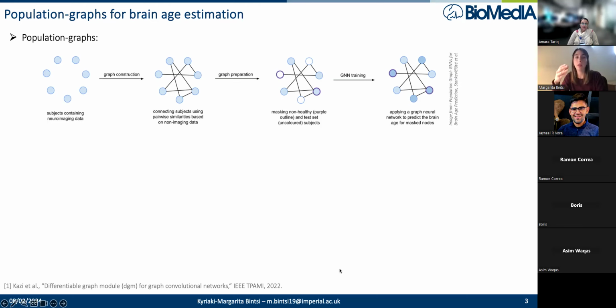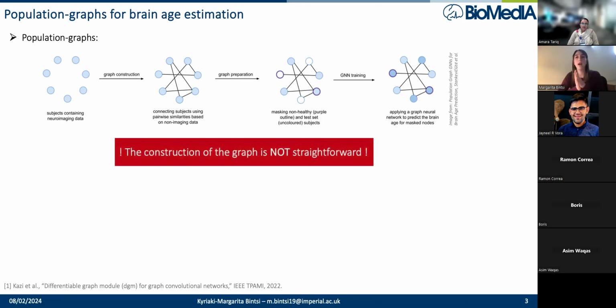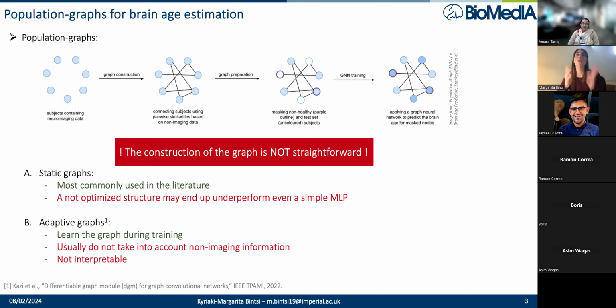The problem is that in the case of medical tasks, we don't have a given population graph. Thus, we have to figure out a way to build, to construct it. And there are two common ways in the literature. The first, the most commonly used one, is to have a static graph.